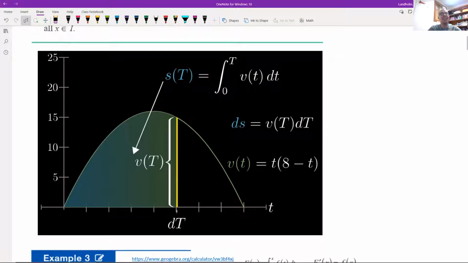You're looking at the rate of change of an area function. And the rate of change of an area function ends up being the height of the original function that you're looking at. I don't know, I think that's super cool.